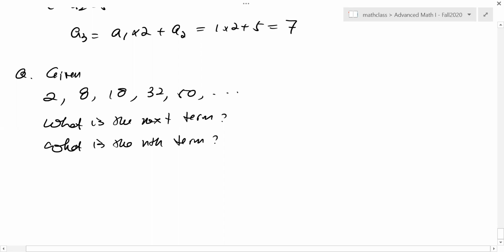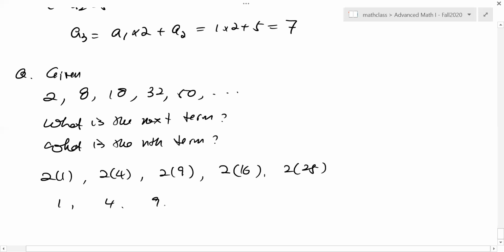When you look at all the terms, I find those are even numbers, so it's better to just divide by 2. So you get 2 times 1, 2 times 4, 2 times 9, 2 times 16, 2 times 25. So 1, 4, 9, 16, 25.